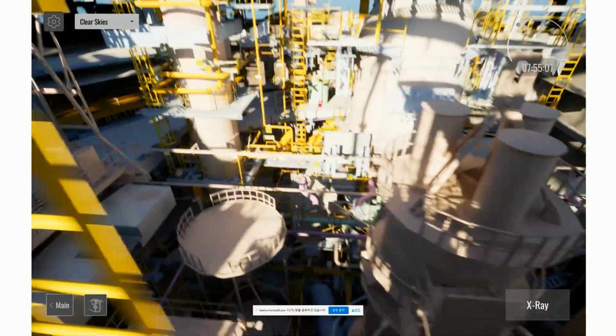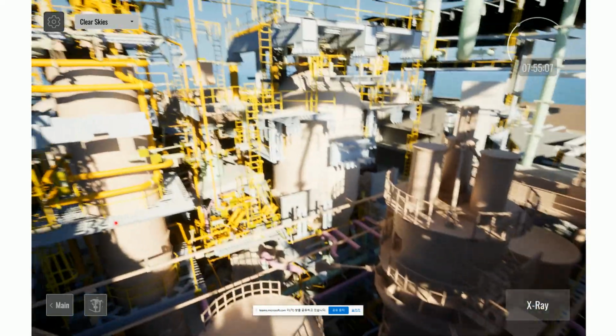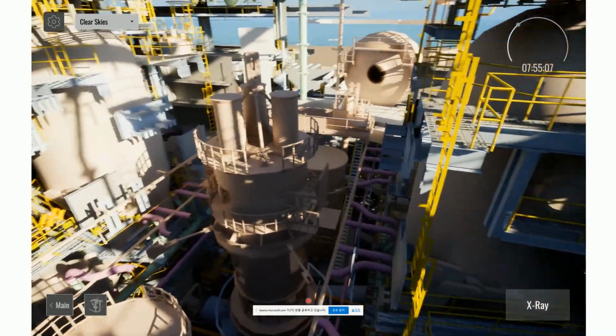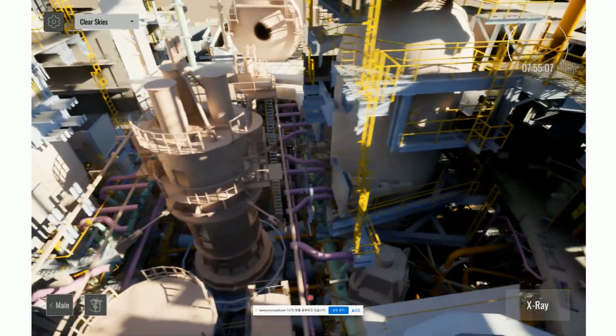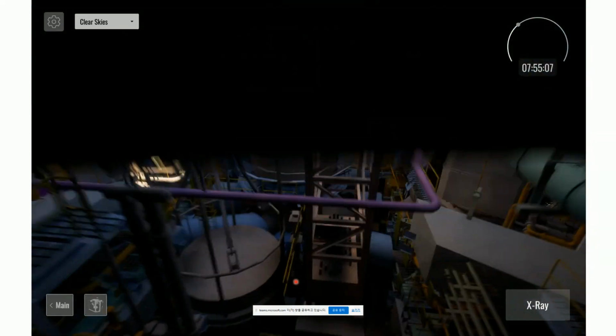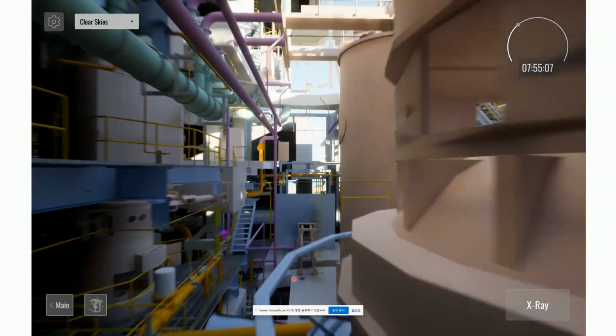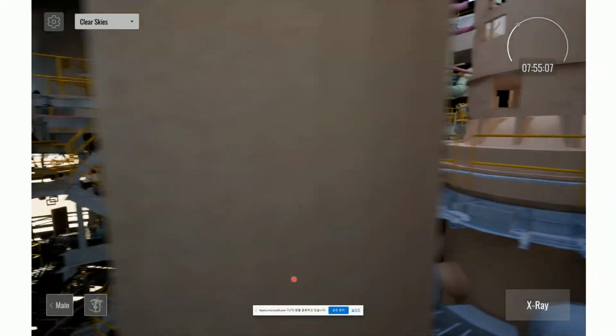This is pressurizer, I think. This pressurizer. We will go to the bottom, which is the internal refueling water storage tank.